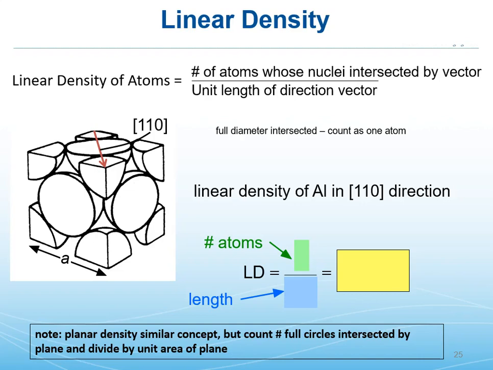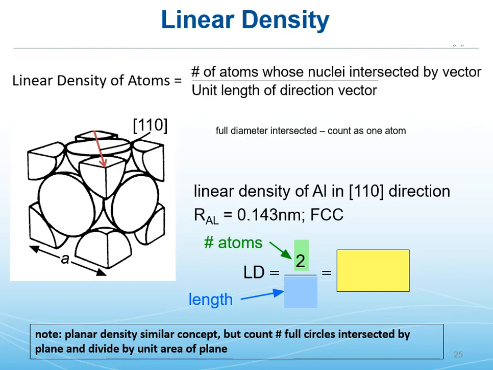So apparently this is aluminum, which we would know if we knew the lattice parameter. And we can go through and look at this in terms of atomic radius, which we don't necessarily need for linear density, but we'll need for other things. So 2 atoms in the green box.